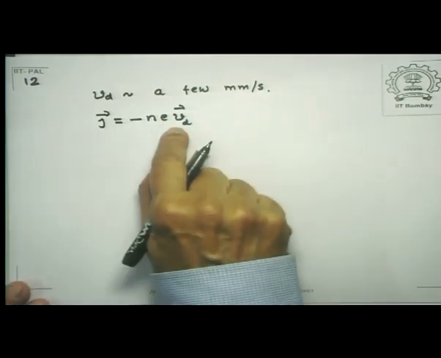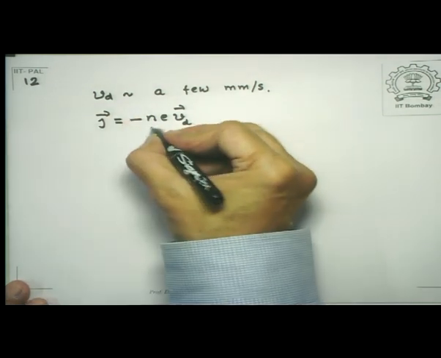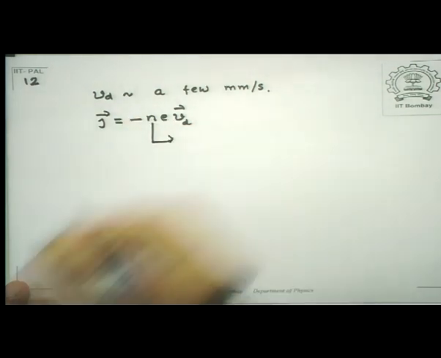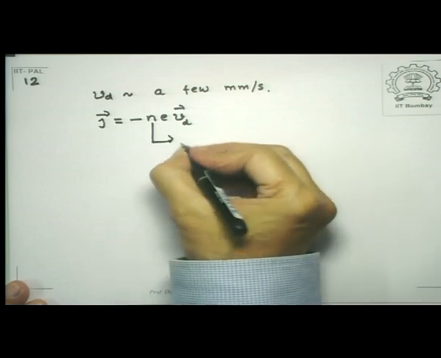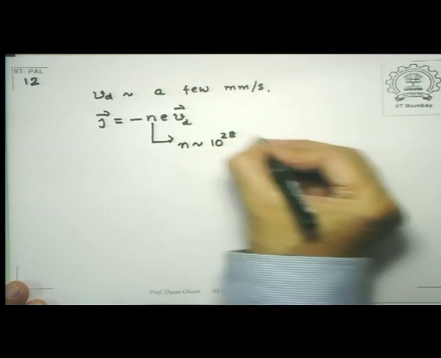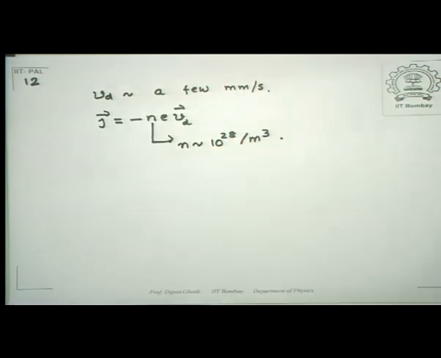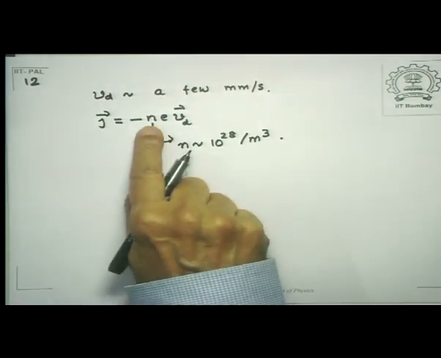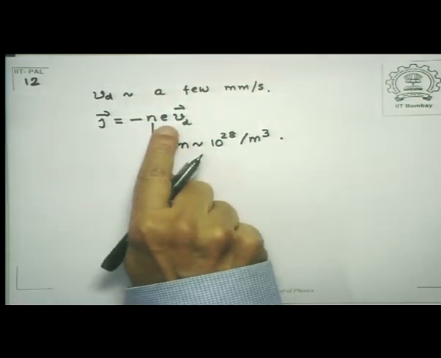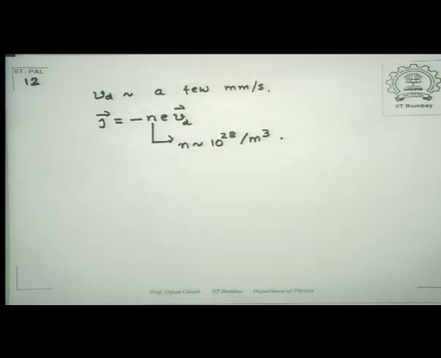So the reason why the current density is not that bad is because n is a large number, and we had calculated it some time back, and we found n is of the order of 10 to the power 28 per meter cube. So this number more than compensates for the product of these two numbers, which is small.